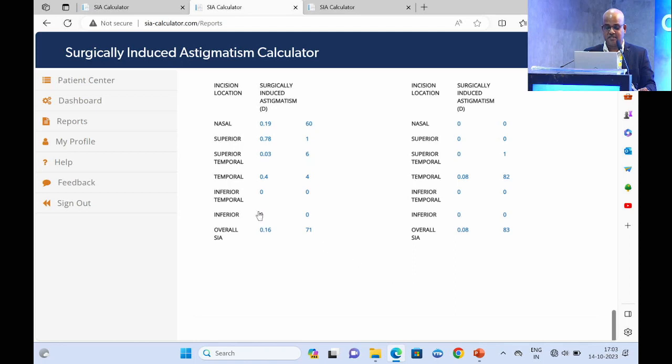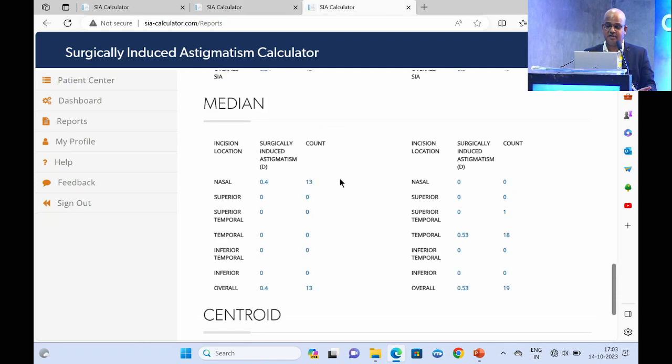And the centroid values are important, especially if we are using the Barrett IOL calculator or the Alcon toric calculator. We need to enter these values. For a 2.8 incision, I am getting an SIA of 0.16 in the case of the left eye and 0.08 in the case of the right eye.